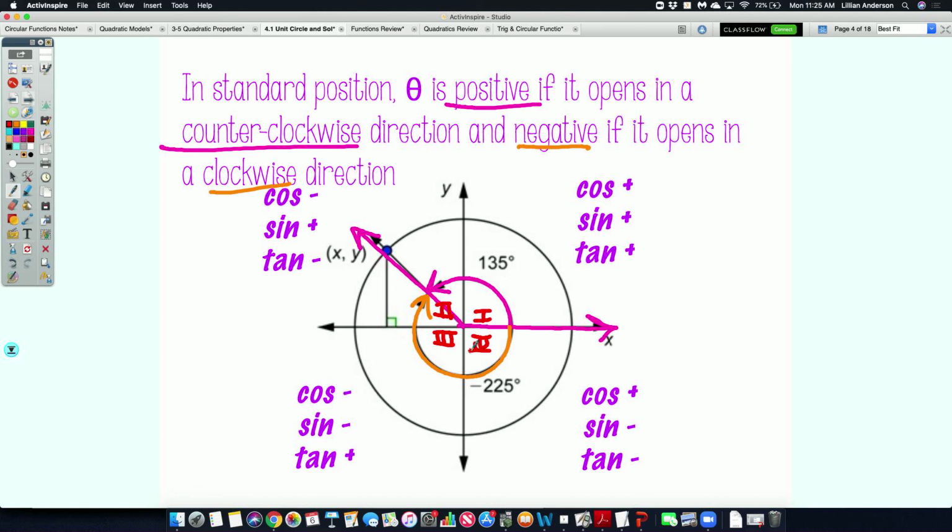In the first quadrant, sine, cosine, and tangent are all positive. In the second quadrant, only sine is positive, cosine and tangent are negative. In the third quadrant, sine and cosine are negative, tangent is positive. And in the fourth quadrant, cosine is the only one that's positive, sine and tangent are negative.